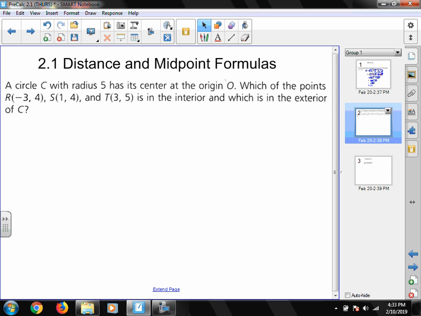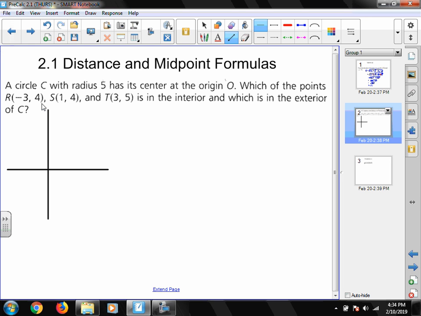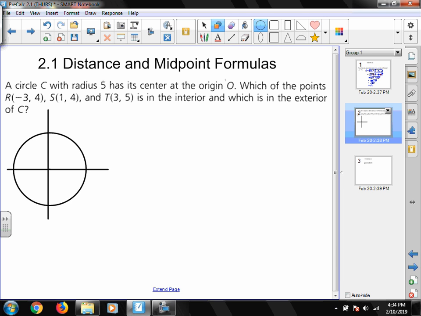Again, I like to draw out a picture. It may not necessarily help you out here, but I can kind of visualize what's going on, and I'm a very visual person, so just to draw a coordinate plane and then throw a circle on there actually helps me a lot, because now I know that I'm starting here at my origin O. Again, origin 0, 0, for those of you that don't know or you forgot.